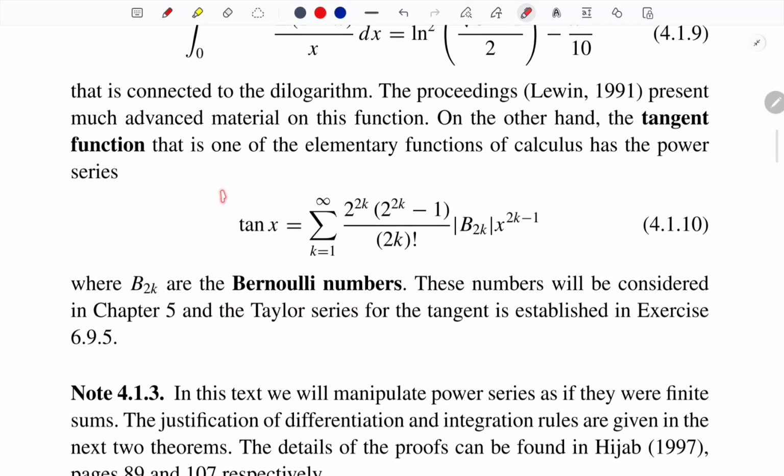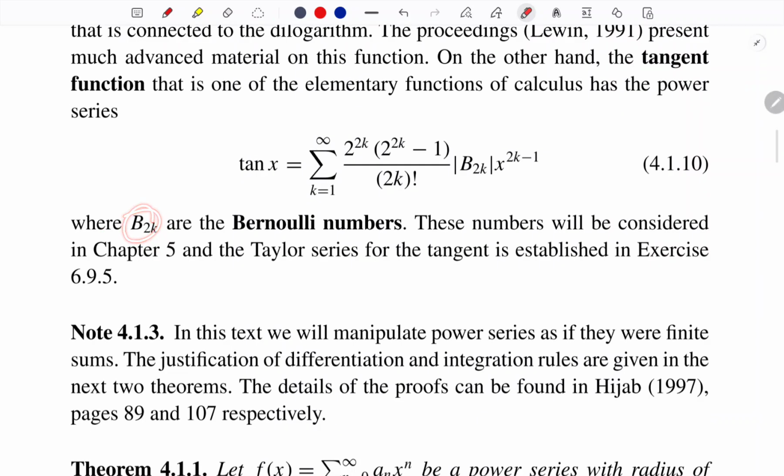So the tangent of x equals the sum from k equals 1 to infinity of 2 to the 2k times (2 to the 2k minus 1) over 2k factorial, times the absolute value of Bernoulli number b sub 2k, times x to the 2k minus 1, where b sub 2k are the Bernoulli numbers. These numbers will be considered in chapter 5, and the Taylor series for the tangent is established in 6.9.5.